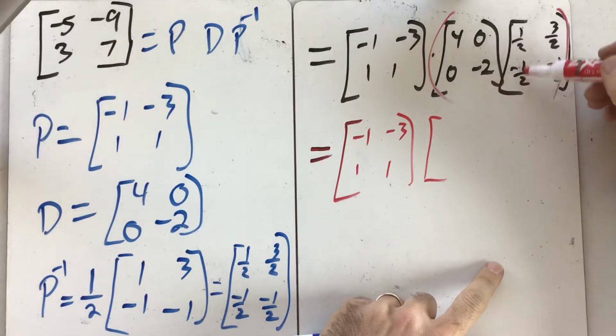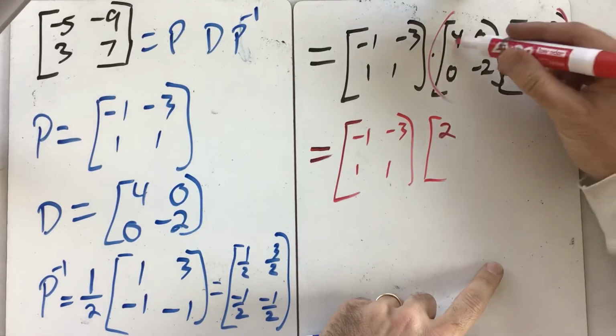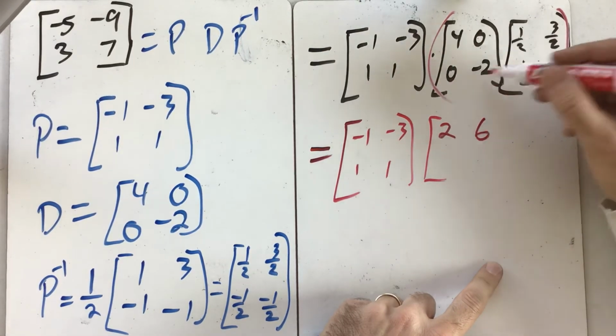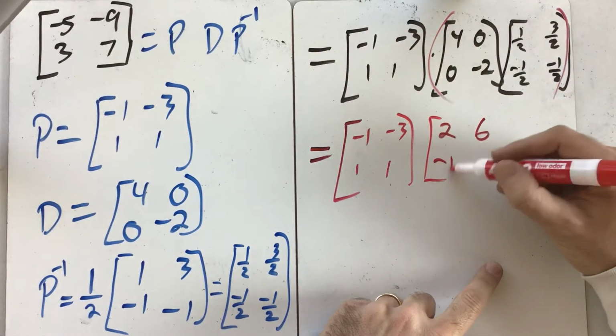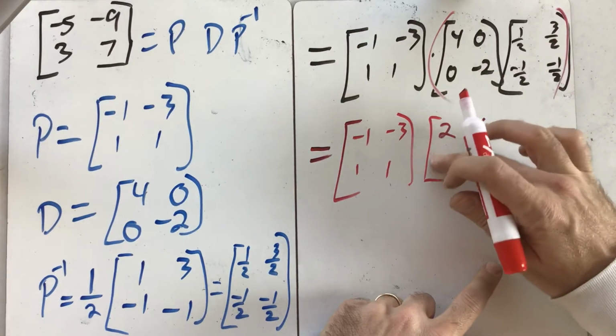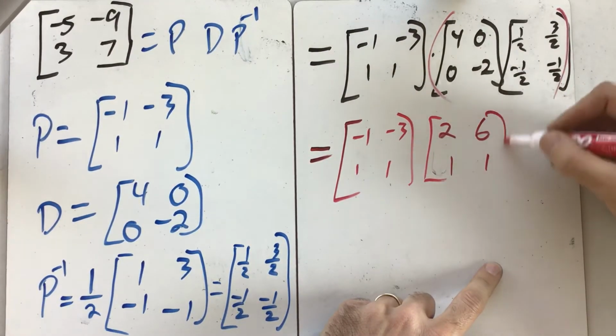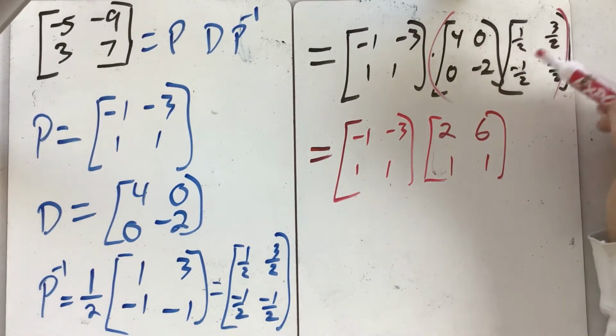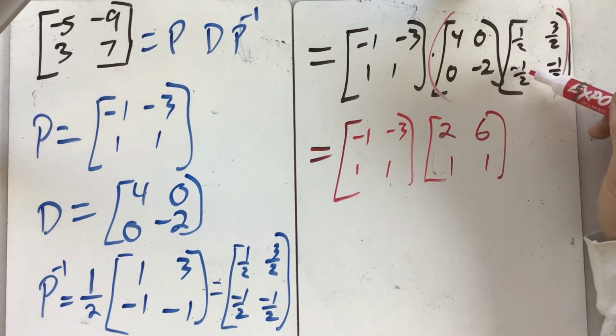So row 1 times column 1 is just 2. Row 1 times column 2 is 6. -1, no, +1, sorry, and +1. See, I got that right. So 4 times 3/2 is 6. -2 times 1/2 is 1, and 1.